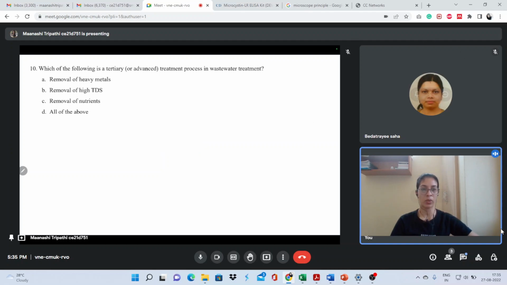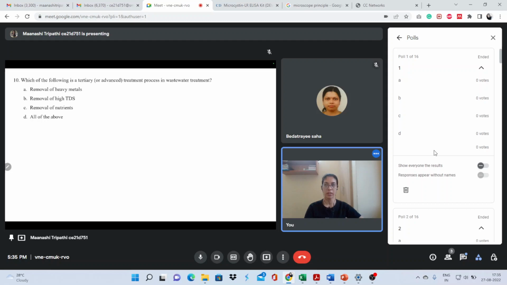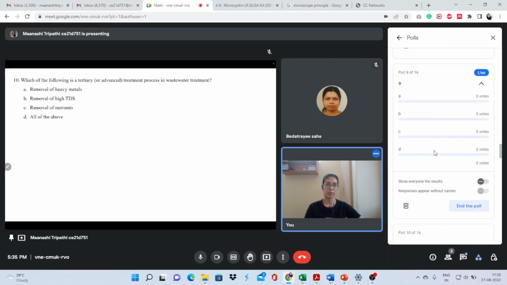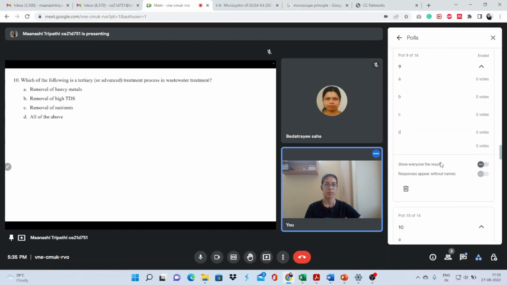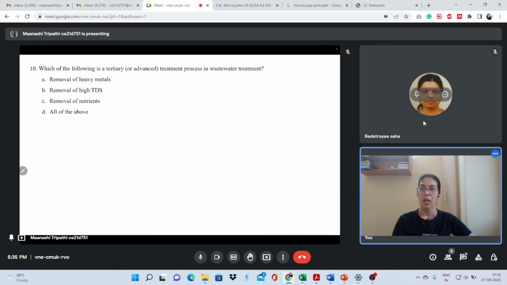So this is question number 10. I'll launch polls for it. Which of the following is a tertiary or advanced treatment process in wastewater treatment? So typically, what treatment do we do?